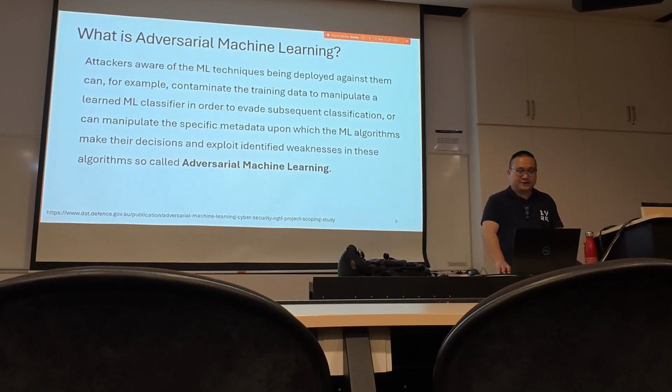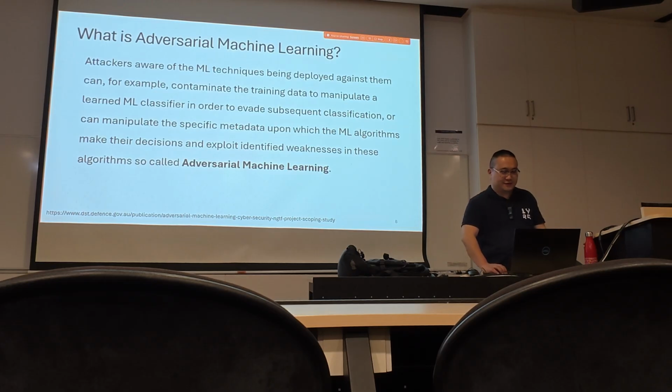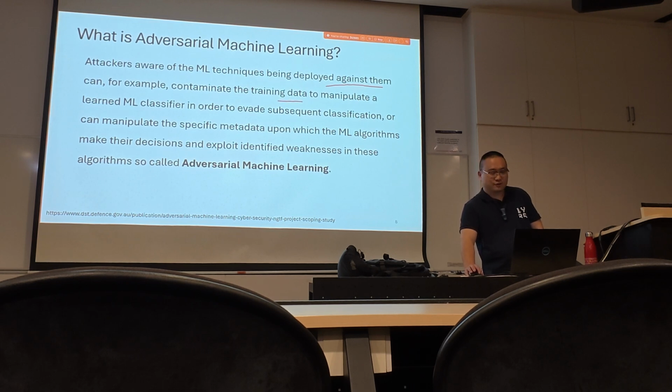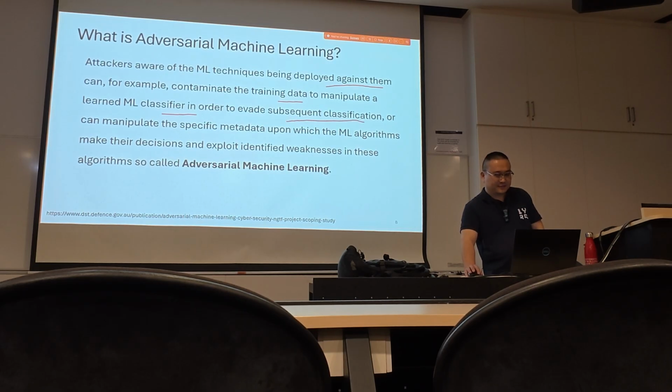So, what is the definition of adversarial machine learning? In adversarial machine learning, attackers are aware of the machine learning techniques being deployed against them. For example, they can contaminate the training data to manipulate a learned classifier. The purpose of the attack is that they want to evade subsequent classification.